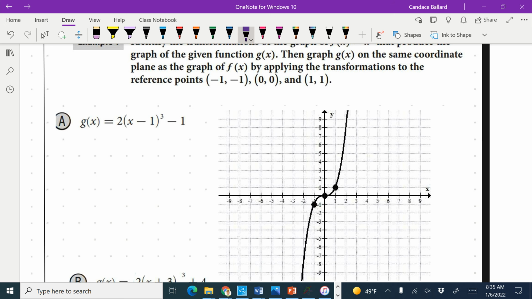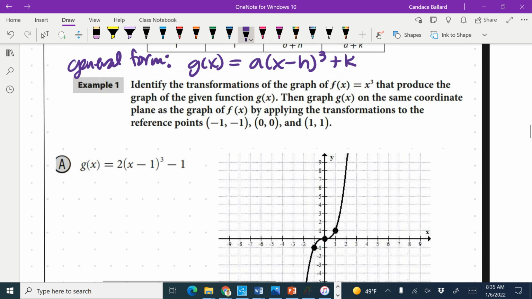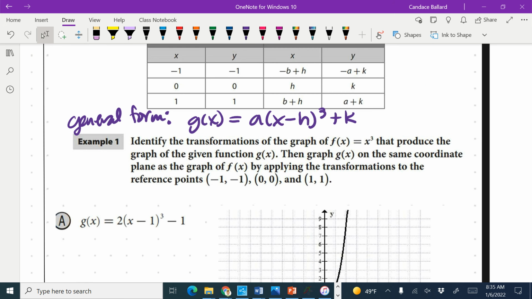All right. So as a review, okay, the h, remember, moves it left, right. And remember, you have to swap the sign, okay? The k moves it up and down, okay?